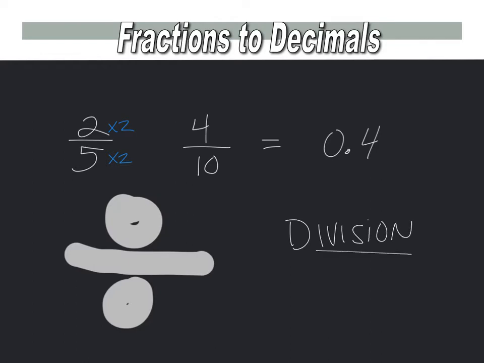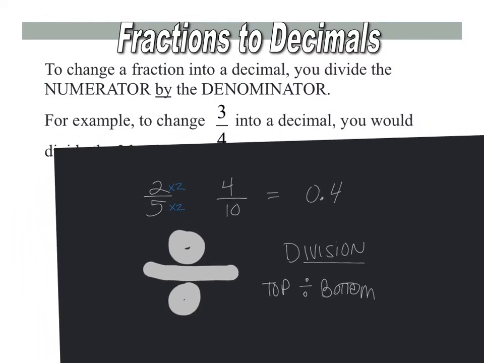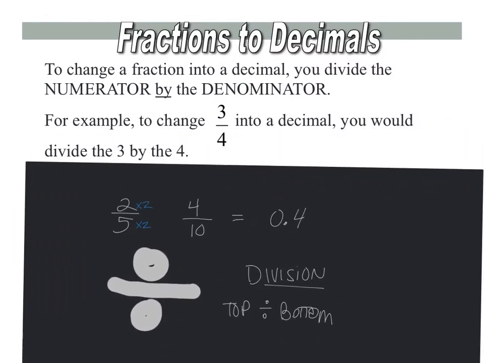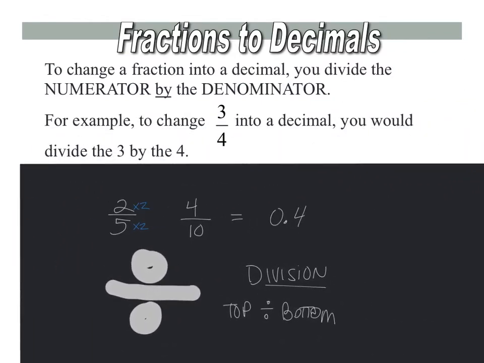And so therefore, when you are changing fractions into decimals, you are going to perform what operation? Division. Top divided by bottom, top in the house. It's numerator divided by denominator.